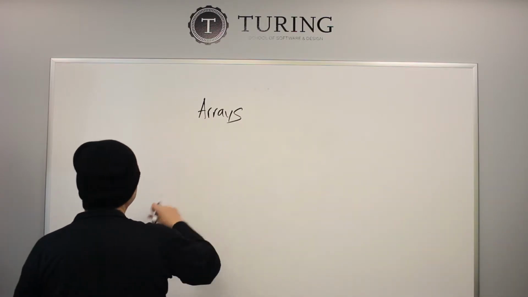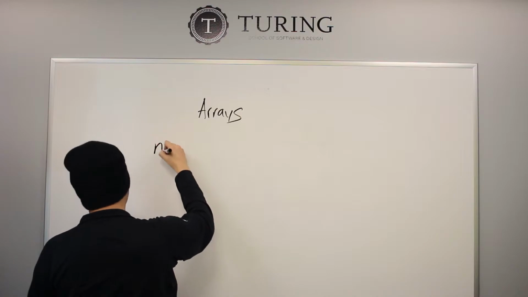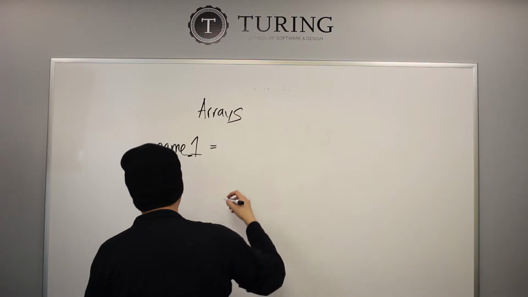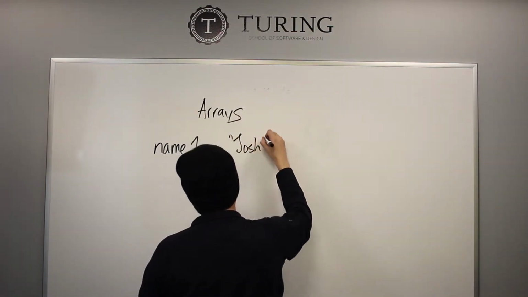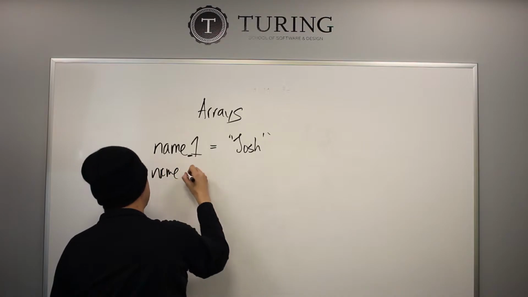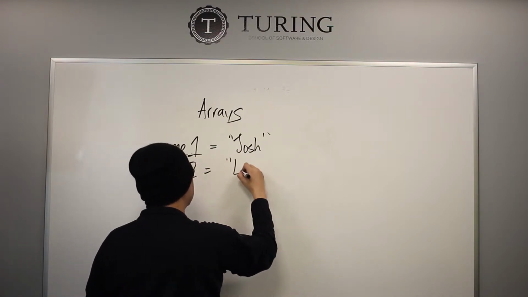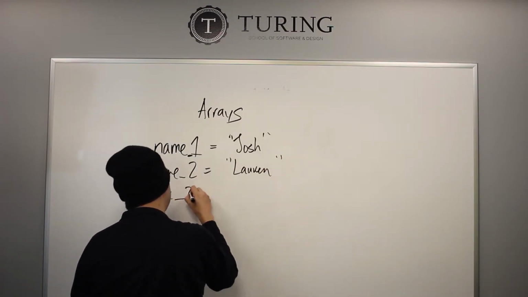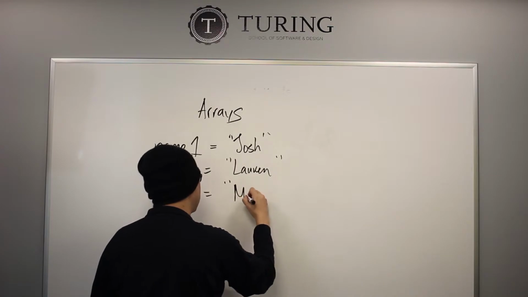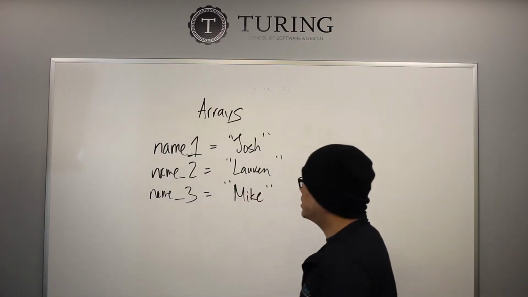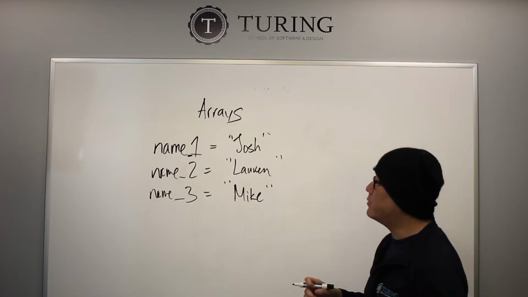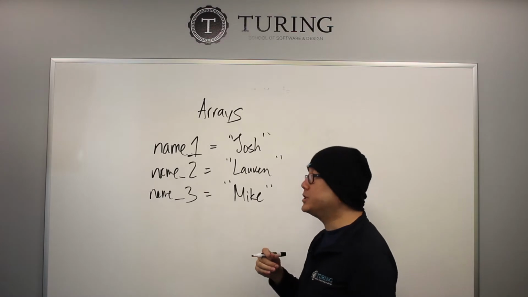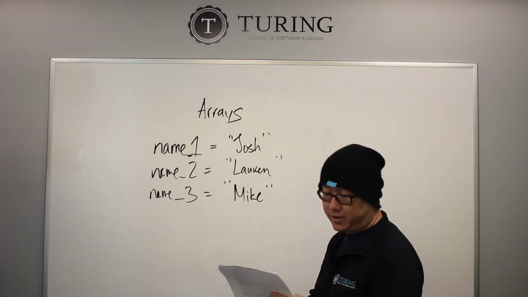We're going to take a variable name_1 and set it to Josh. So what we've done here is that we've taken three variables, name_1, name_2, name_3, and set them to three strings, Josh, Lauren, and Mike respectively.